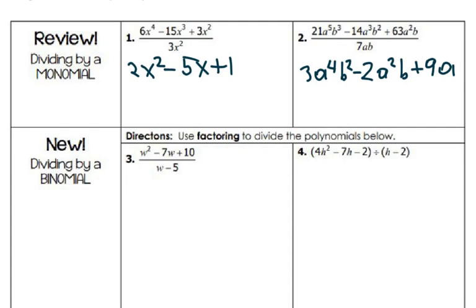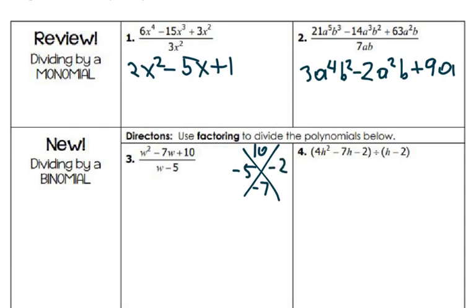When dividing a polynomial by a binomial, first we want to always try to use factoring when possible. So in example number 3, the trinomial in the numerator can be factored by looking for the factors of 10 that add up to -7, and the factors are -5, -2.